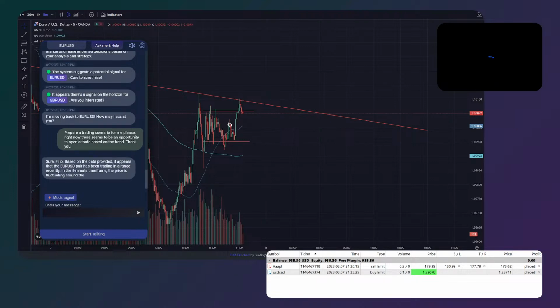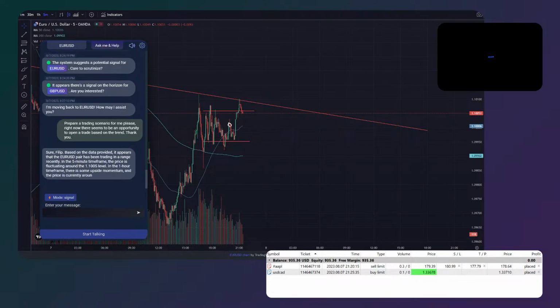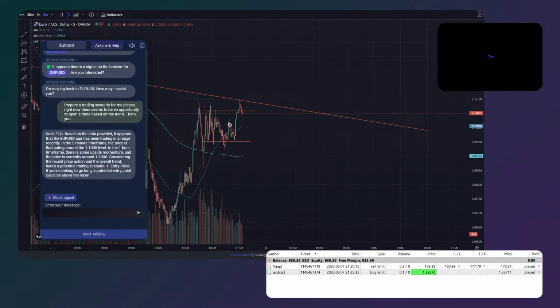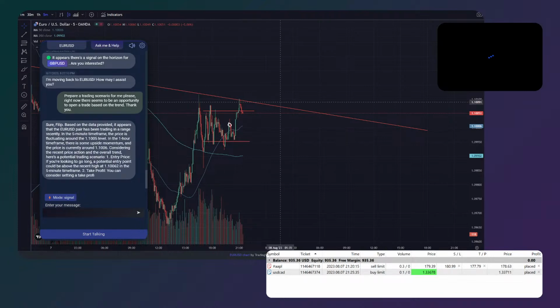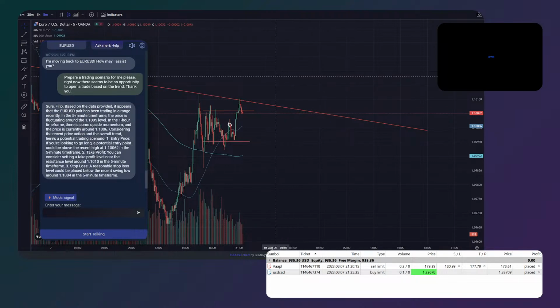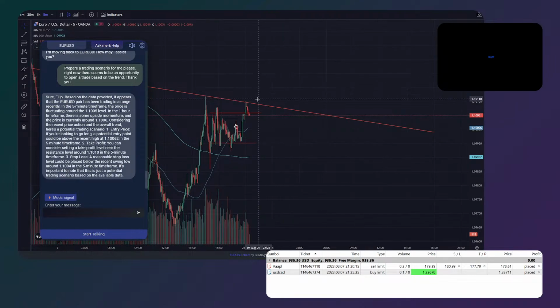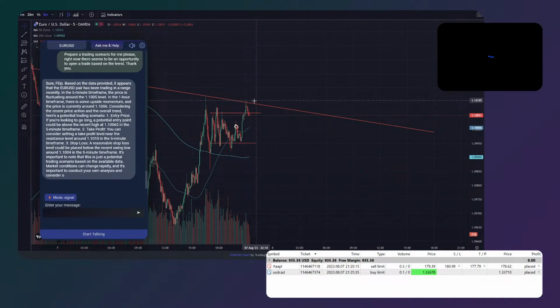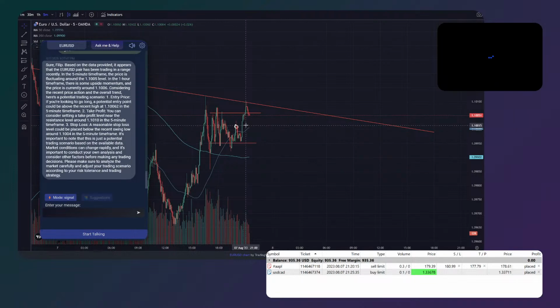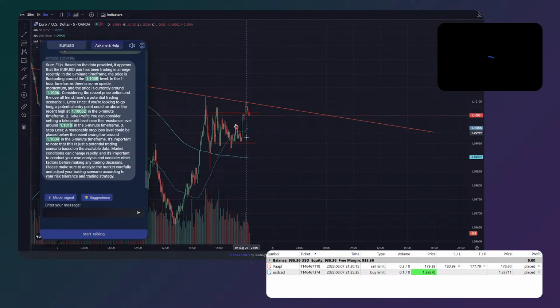Sure, Philip. Based on the data provided, it appears that the EUR-USD pair has been trading in a range recently. In the 5-minute time frame, the price is fluctuating around the 1.1005 level. In the 1-hour time frame, there is some upside momentum, and the price is currently around 1.1006. Considering the recent price action and the overall trend, here's a potential trading scenario. 1. Entry price.